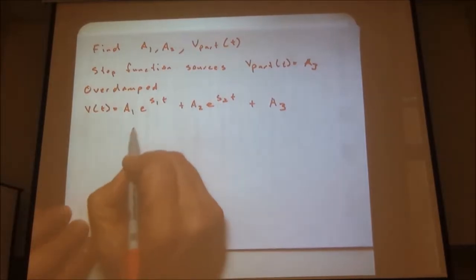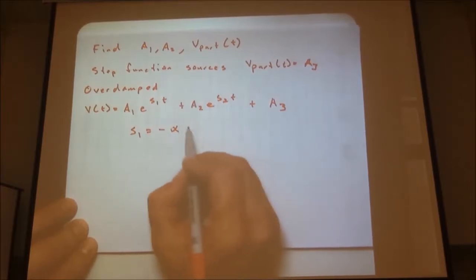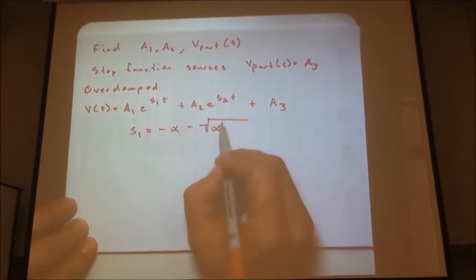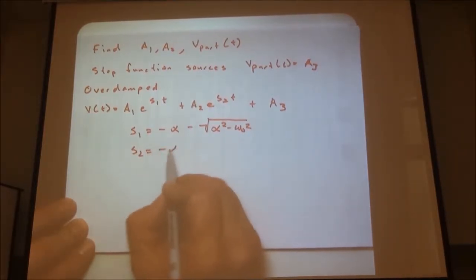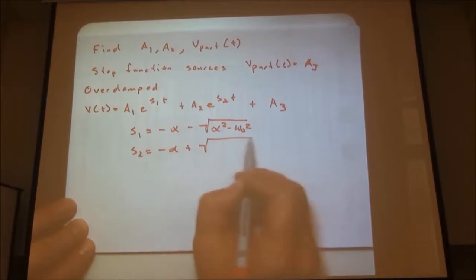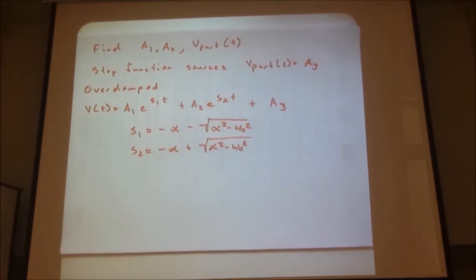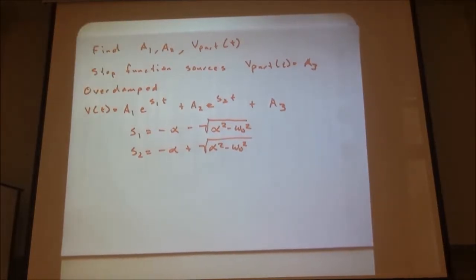To write them out, s1 equals minus alpha minus the square root of alpha squared minus omega naught squared, and s2 equals minus alpha plus the square root of alpha squared minus omega naught squared. And that was, again, a quadratic expression we looked at last week.